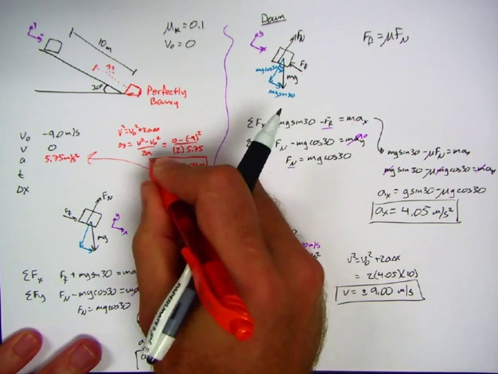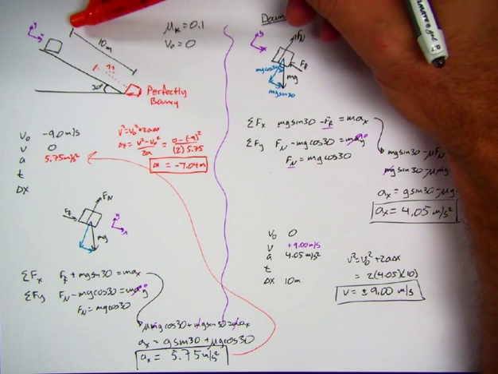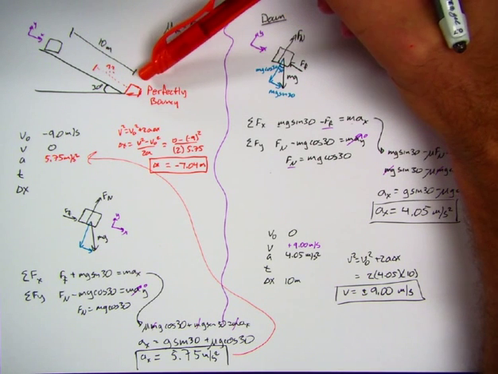So in this case, we find out we started up here at 10, went down, bounced, and went back up 7 meters.